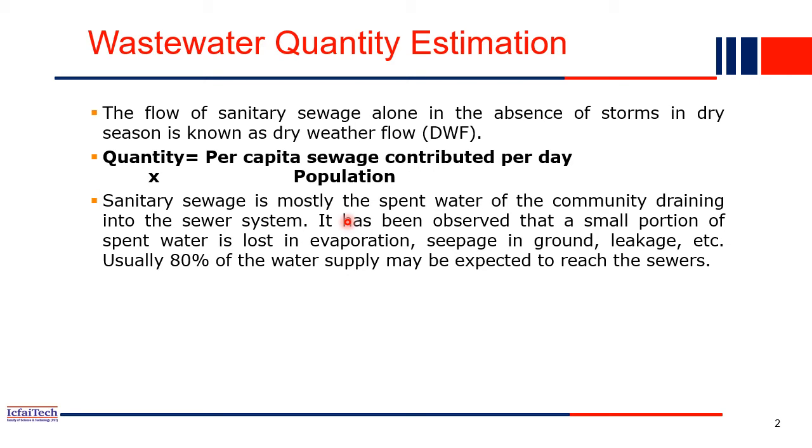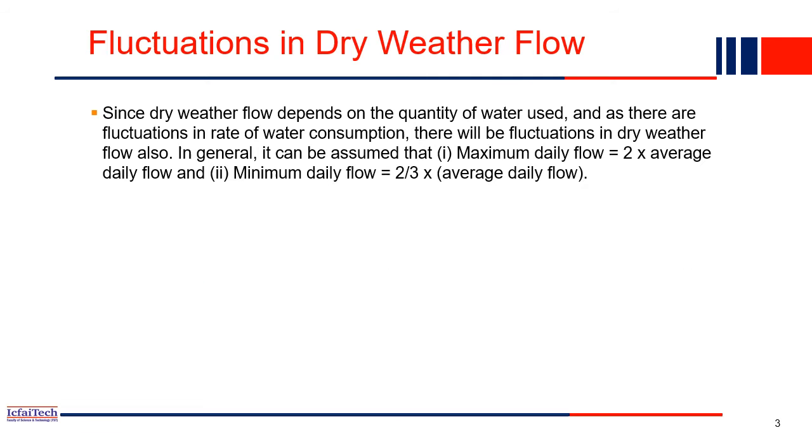Because the other 20% may be lost to evaporation, seepage to the ground, or leakage in the pipes. But approximately 80% will come back to the sewer system. So that is a good initial guess: whatever we distributed, about 80% will come back as wastewater for treatment.